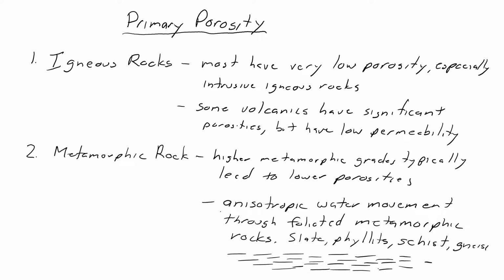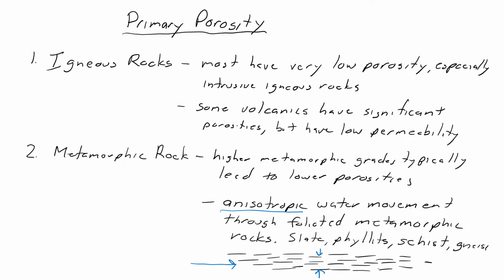So if you have water that moves through, it might move very easily along the trend of the grain, but not very easily across the trend of the grain. So water movement may be very fast in one direction and extremely slow in another. And that's what anisotropic means, that it's not equal in all directions.